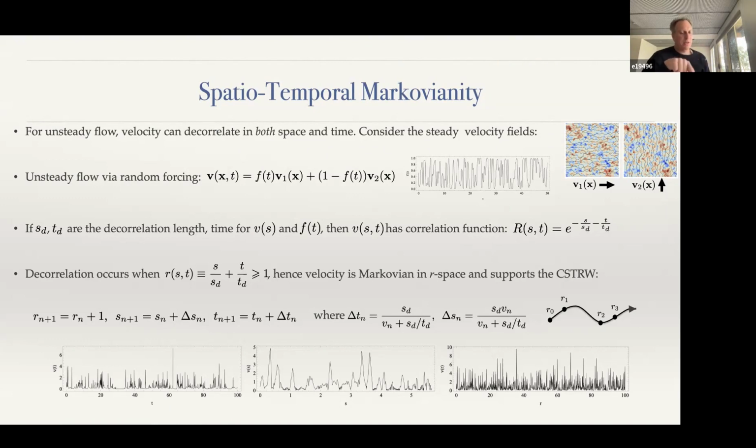And so from the plots along the bottom, we have for this random process, for this model flow, on the left, the velocity as a function of time along a path line, and so you can see that that is quite intermittent. The velocity in the middle, the bottom middle plot, is the velocity as a function of path length, streamline distance, and you can see that that's intermittent. But then when we plot the velocity as a function of r for this flow, no matter the magnitude of SD and TD, this is then Markovian, and so that gives us a good basis for a random walk model.